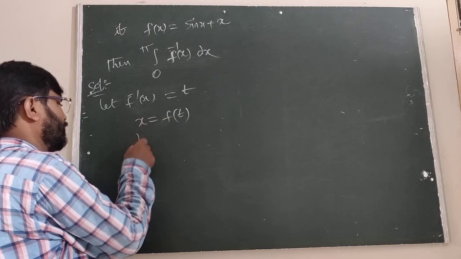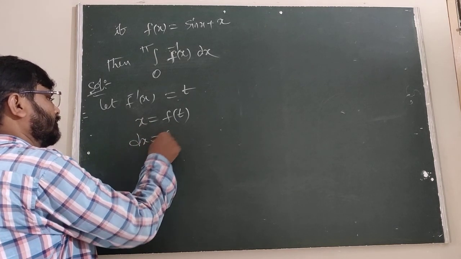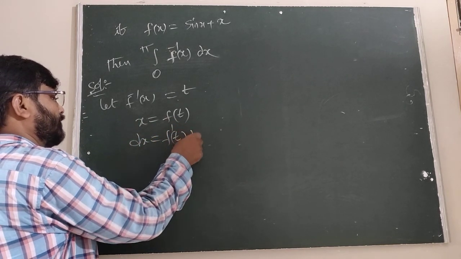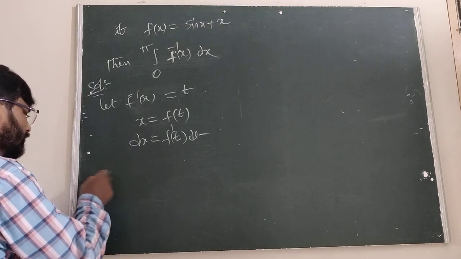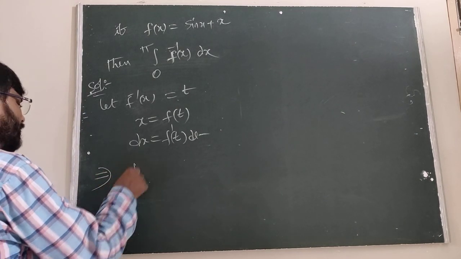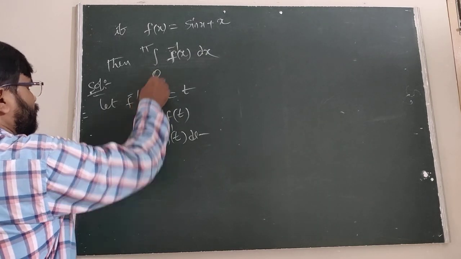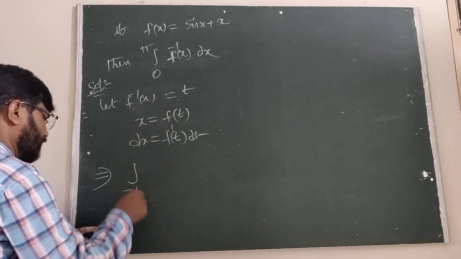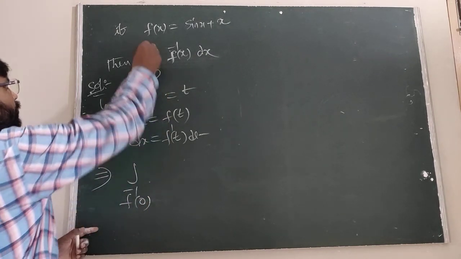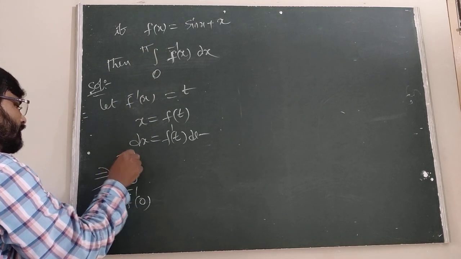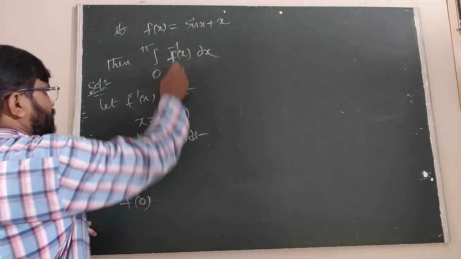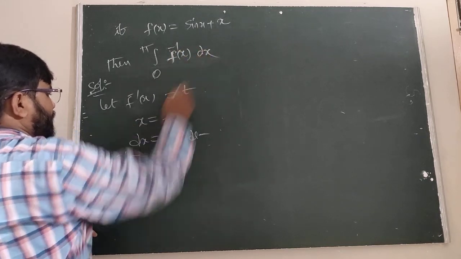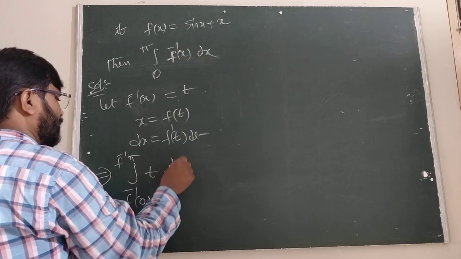Now the derivative: dx is f dash of t dt. Now the limits: put x equal to 0, f inverse of 0; put x equal to pi, f inverse of pi.